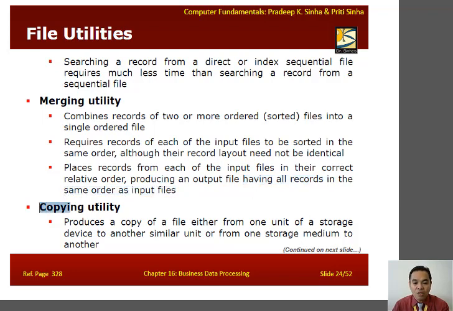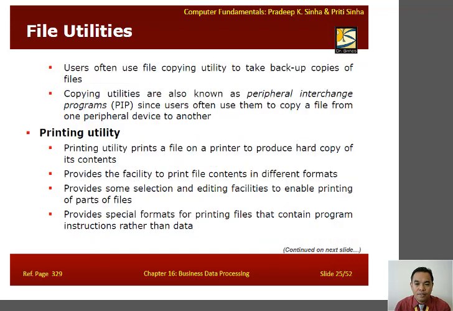Next, we have copying utility. It produces a copy of a file either from one unit of a storage device to another similar unit or from one storage medium to another. Another utility is known as printing utility. It will print a file on a printer to produce a hard copy of its contents.